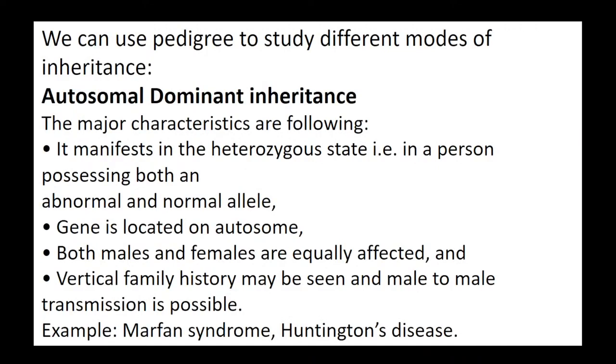So we can use pedigree analysis to study different modes of inheritance. For best studying of the mode of inheritance, we should know about characteristics in more than three generations.